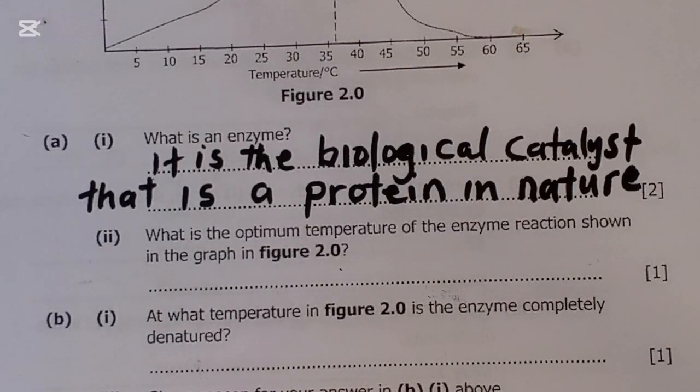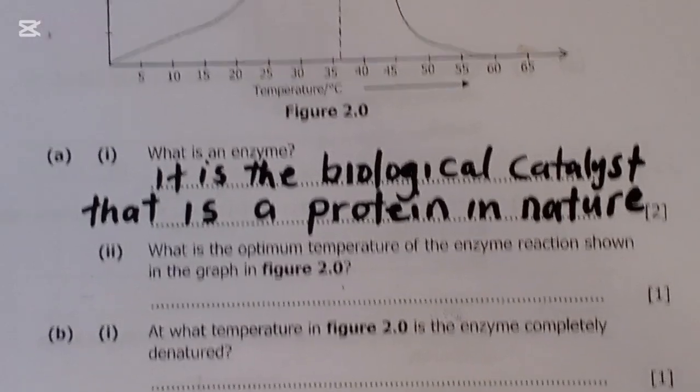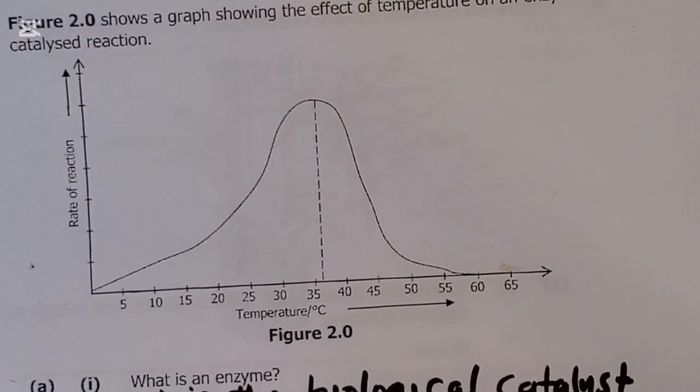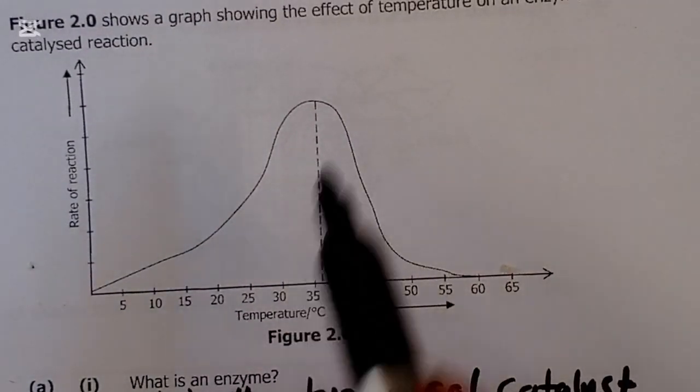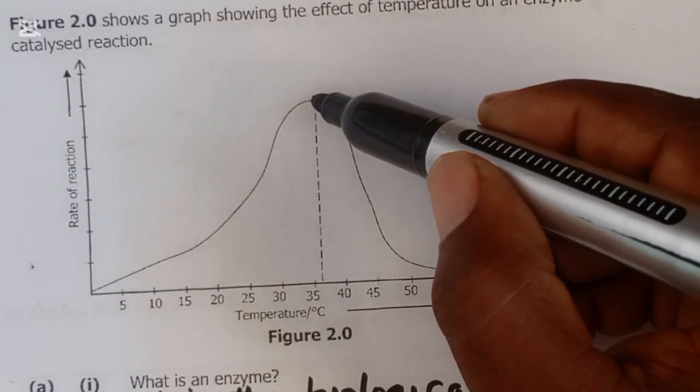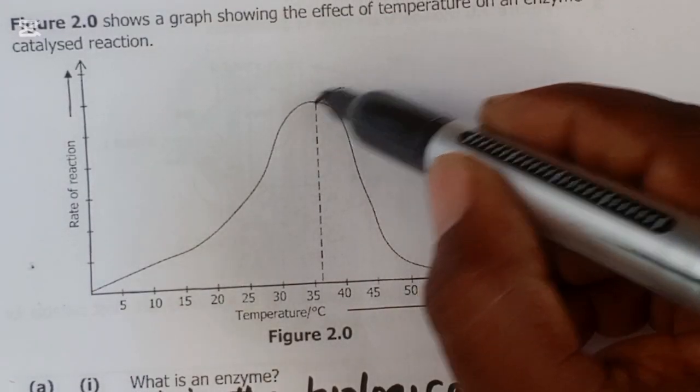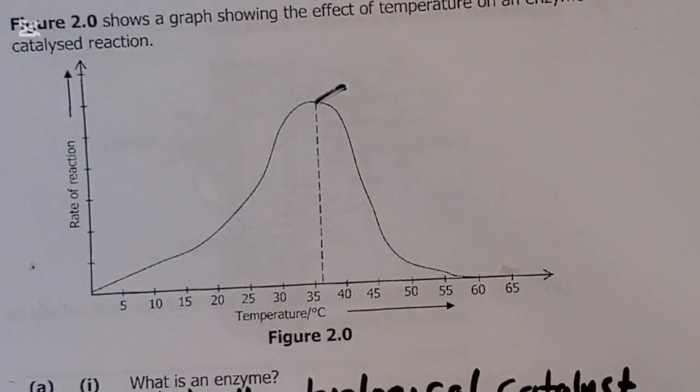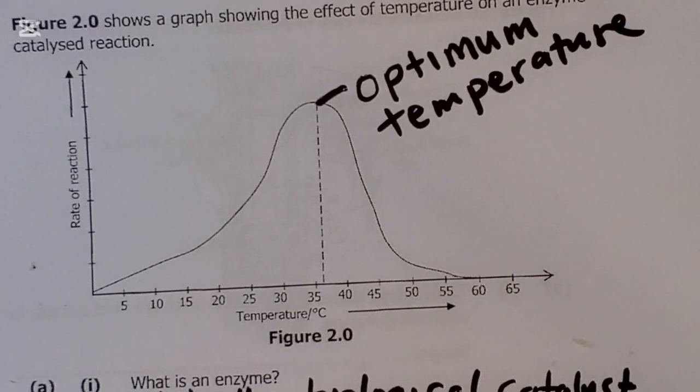Part 2, what is the optimum temperature of the enzyme reaction shown in the graph in figure 2.0? So this is the optimum temperature. Optimum temperature is the temperature where an enzyme works at its best.